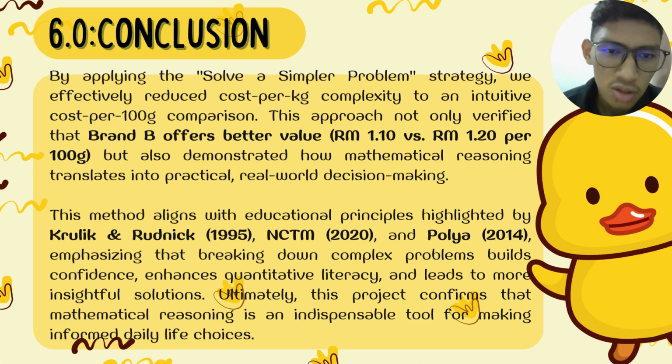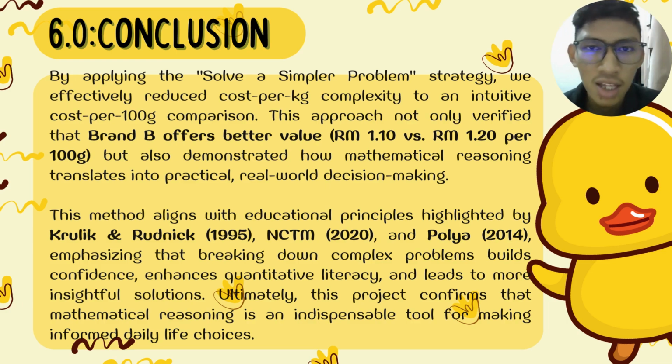To conclude, using the solve a simpler problem strategy helped me simplify a complex situation into something clear and logical. It is confirmed that Brand B is the better choice, and it also proved how mathematical reasoning can guide real-world decisions, even in everyday tasks like grocery shopping.